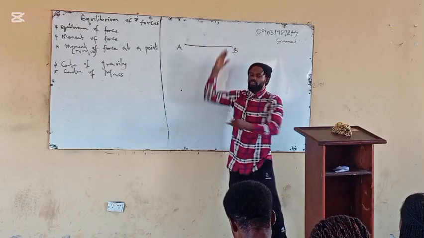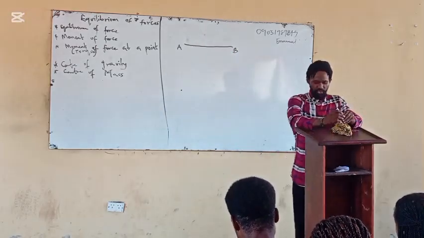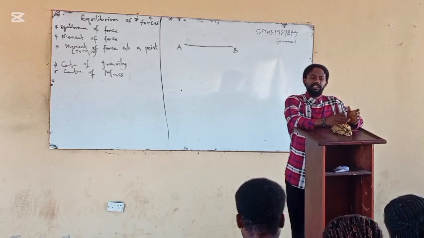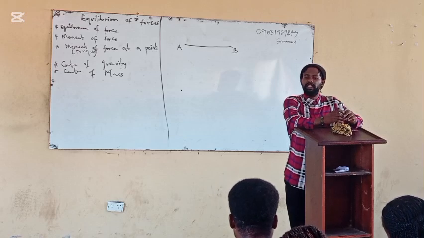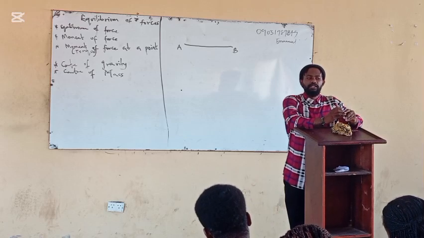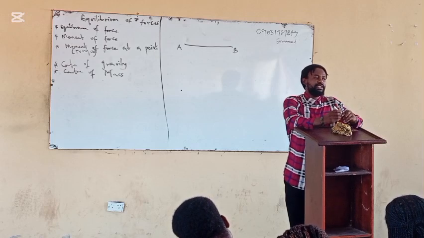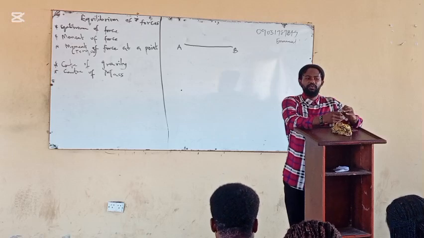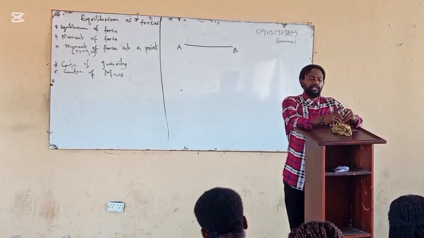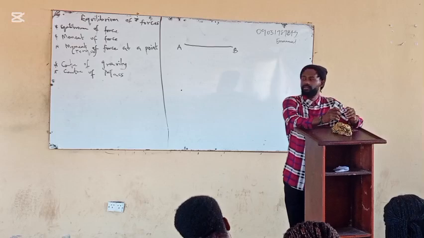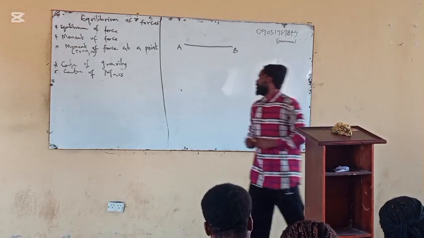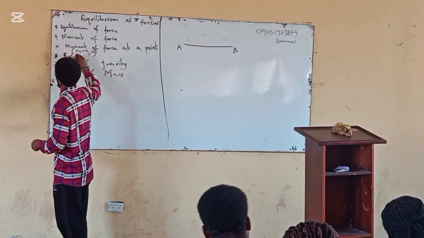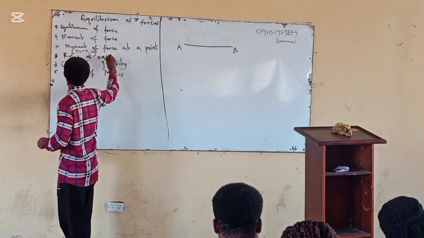Is that okay? Yes. So we can also say that equilibrium of force is simply a situation whereby the total force acting on the right hand side is equal to the total force acting on the left hand side. So I think the first sector of maths, let's still talk about rules of equilibrium.